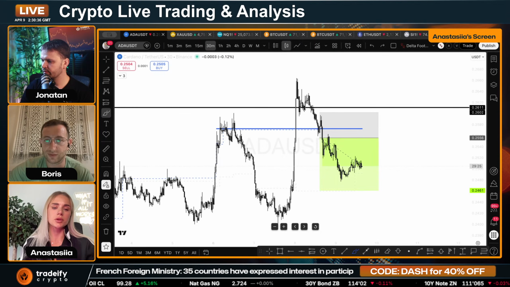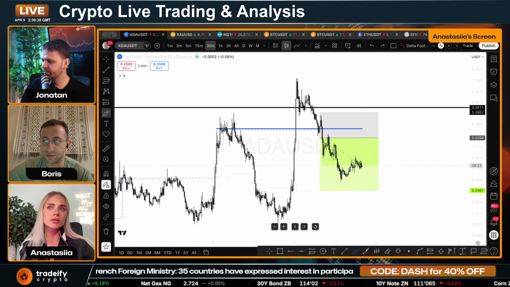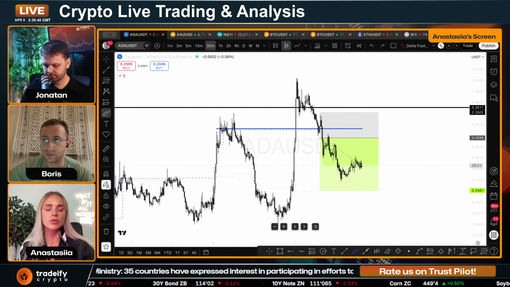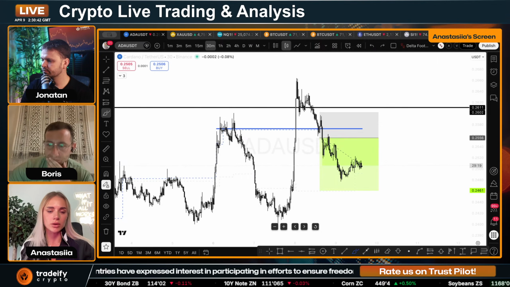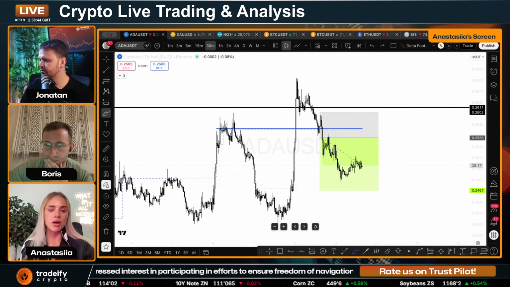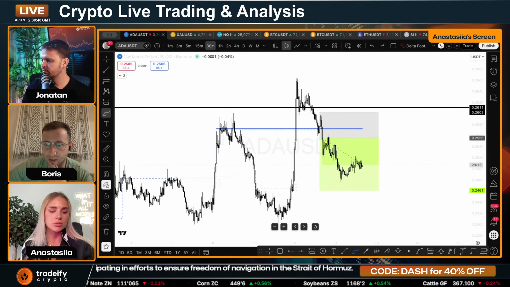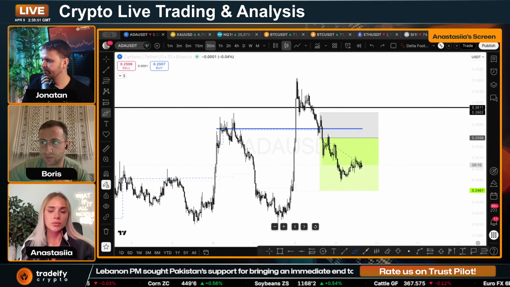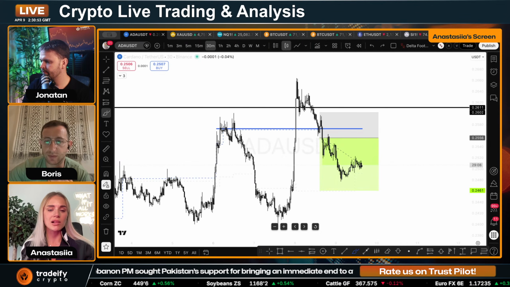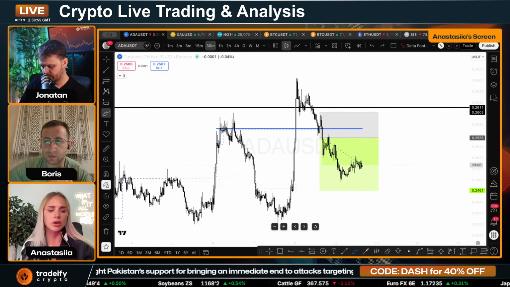I really like it too, because the bigger the volume is, the bigger the money that was invested, the more the chances are that it's going to attract the price, either for rejection or just as a magnet. It's more significant. So even if it's a scalp, I'd still rely on the bigger time frame first.